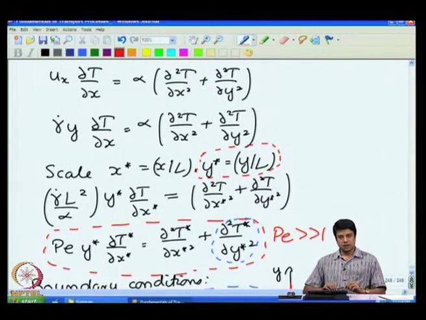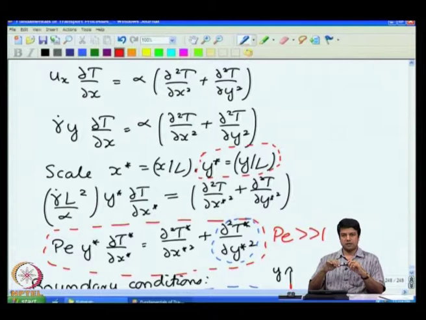However, if the length scale for diffusion is smaller than L, then the gradients will be larger, because the derivative goes as the temperature difference divided by the length scale of variation.